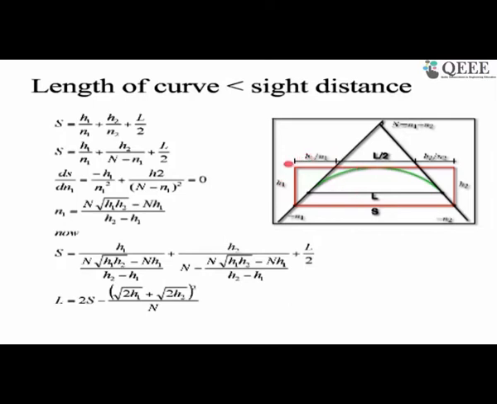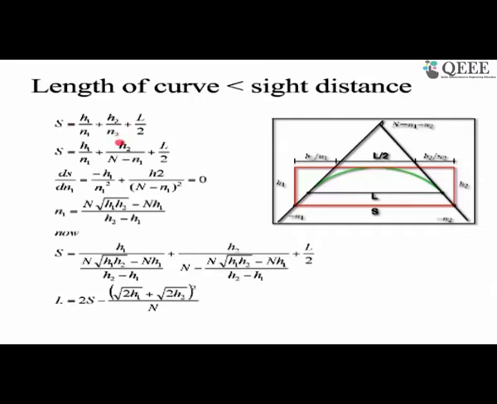H1 by N1 will give me this horizontal distance. Likewise, on the other side, if we know the object height, which is H2 in my case, and the slope is N2, then H2 by N2 will give me this horizontal distance. My total sight distance is going to be the summation of these three. So this is what has been put up here.